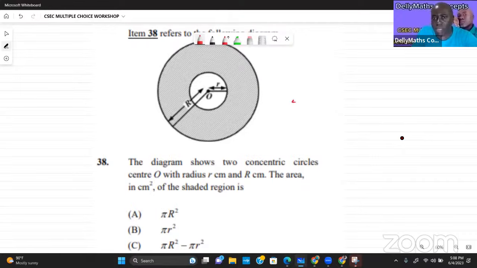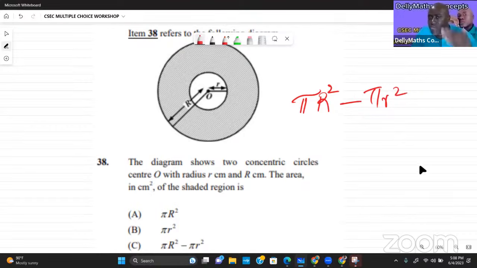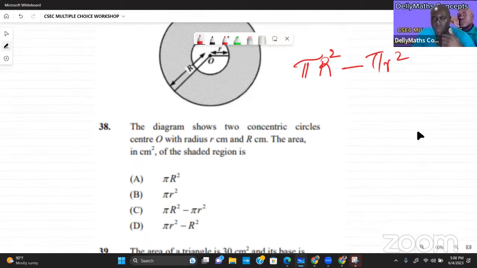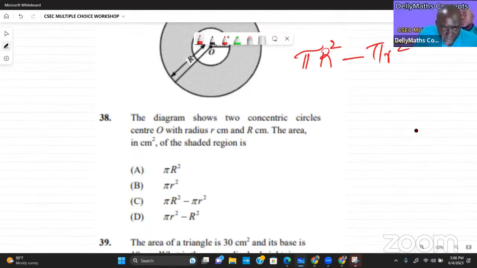So it's going to be pi big R squared, which gives me the area of the big circle, take away pi small r squared. That's the idea. So if I find the big circle minus the small circle, I'm good, and I'm seeing it right here.